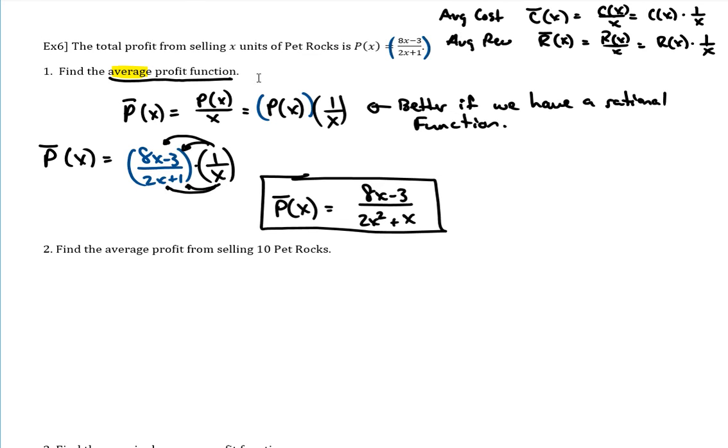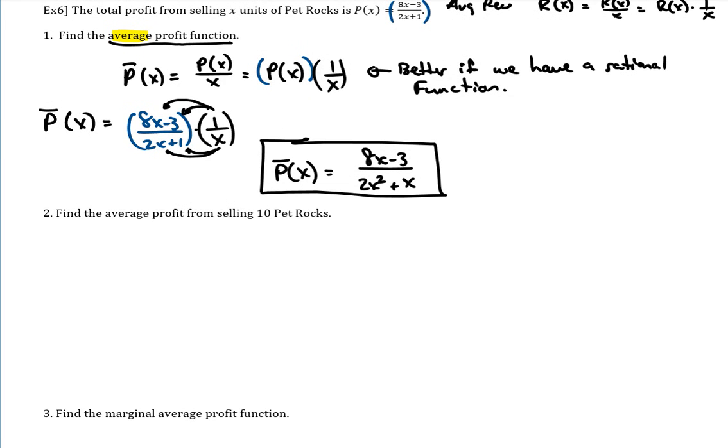Number 2, find the average profit from selling 10 pet rocks. We just found the average profit function, so all we have to do is plug 10 into our function. So it's 8 times 10 minus 3 over 2 times 10 squared plus 10.